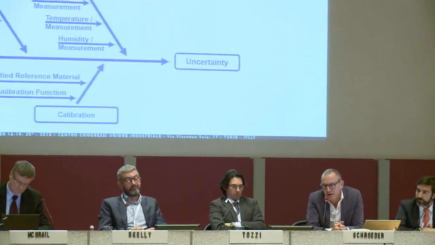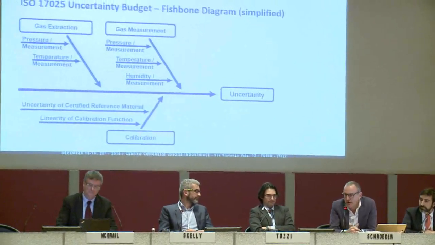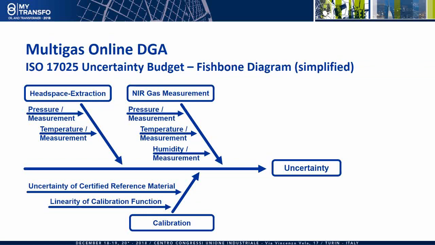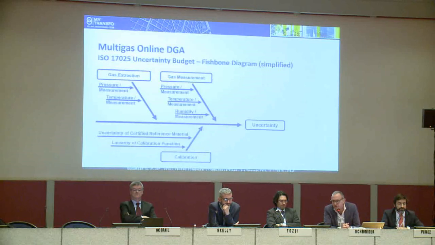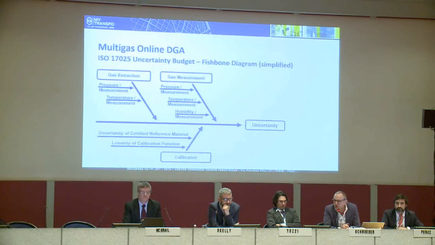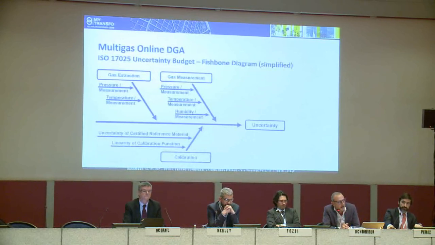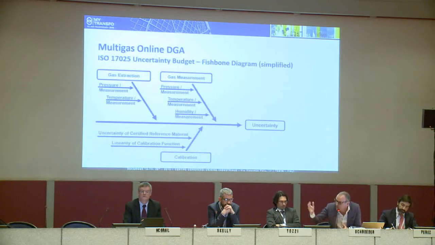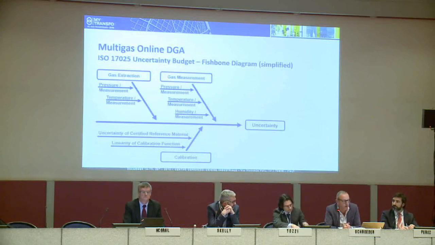I am showing here on that slide what is called a fishbone diagram. Everyone who is ISO 17025 accredited for any kind of measurement knows what that means. You have to put together all the different aspects which influence uncertainty. And it has been mentioned by one of my colleagues on the table before.